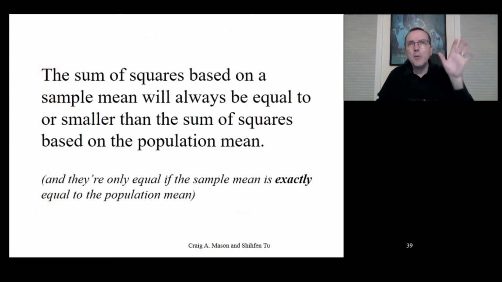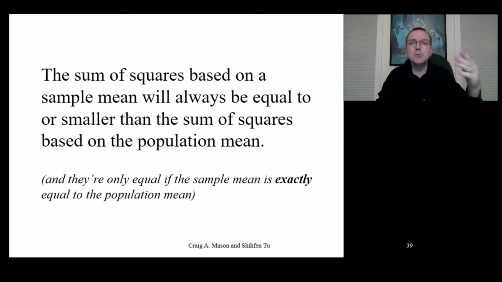Now, another way of thinking about this comes down to a characteristic of the sum of squares. By its very nature, the sum of squared deviations from the mean of a sample, x bar, will always be smaller than the sum of squared deviations based on the population mean, mu. Unless, of course, mu and x bar happen to be exactly the same values.